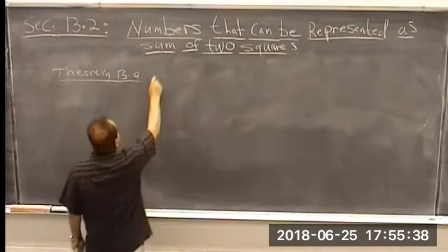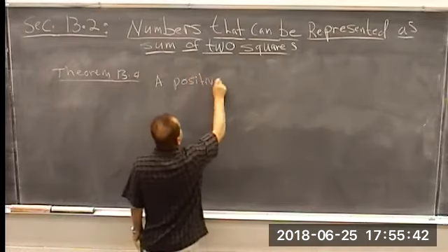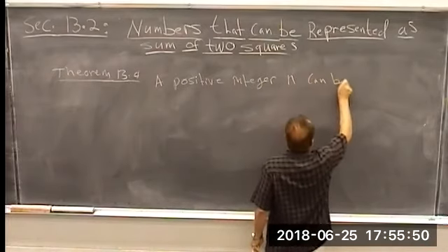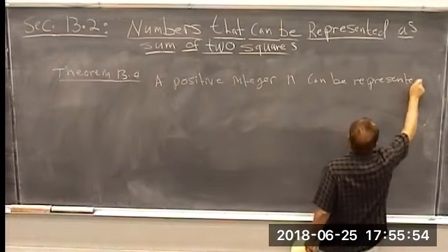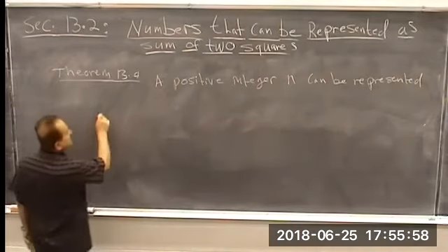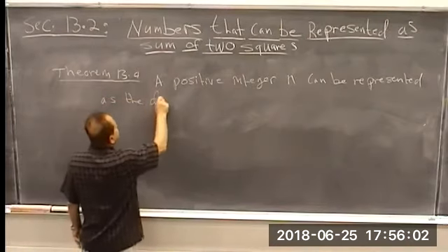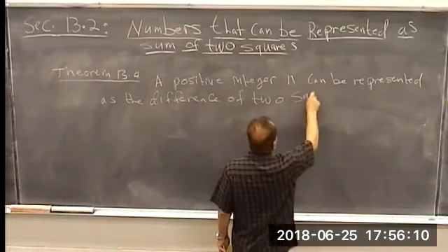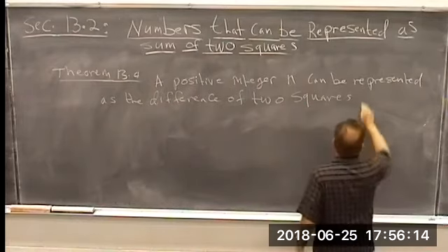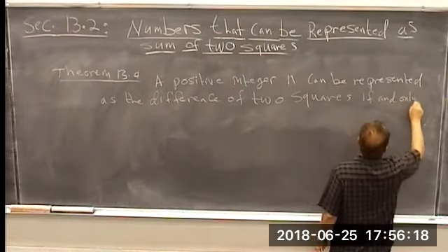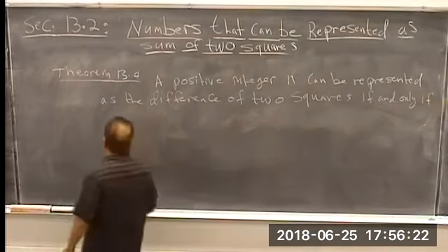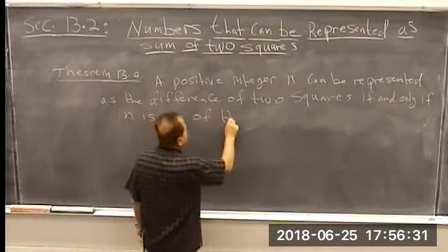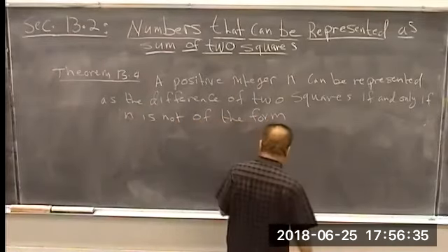It says that a positive integer n can be represented as the difference of two squares if and only if n is not of the form 4k plus 2.